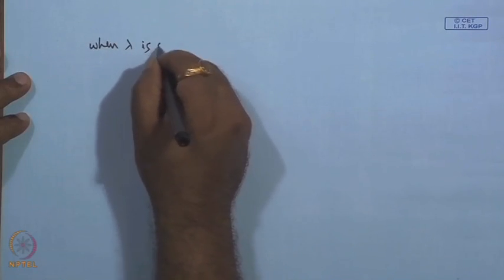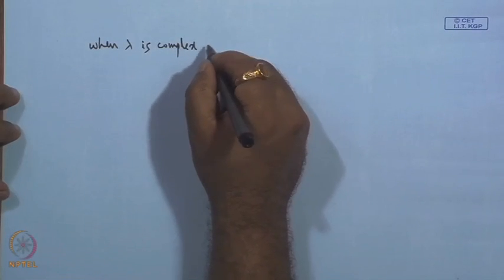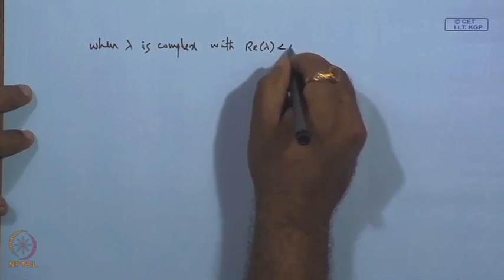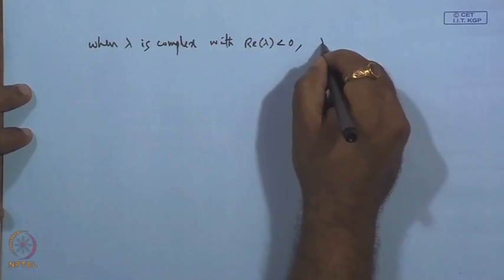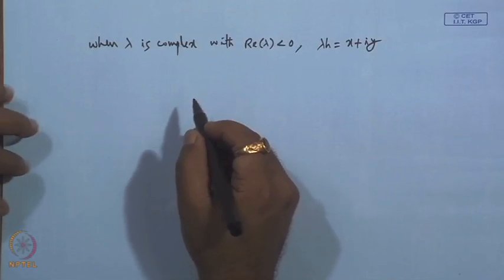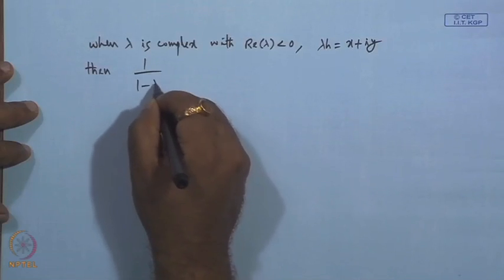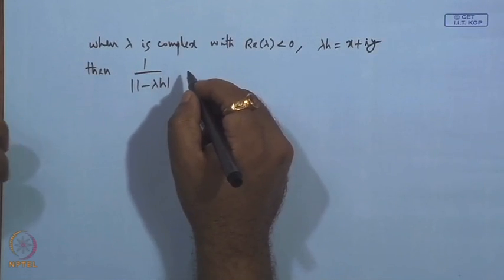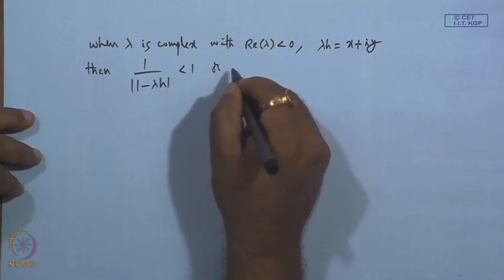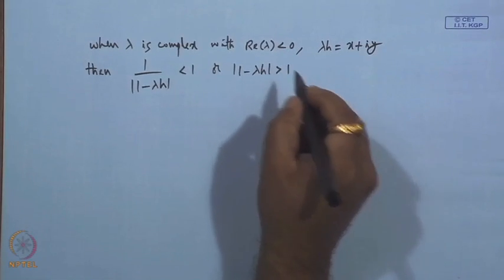When lambda is complex, with real part of lambda less than 0, say, then this quantity is less than 1, we need, okay, or 1 minus lambda h greater than 1.